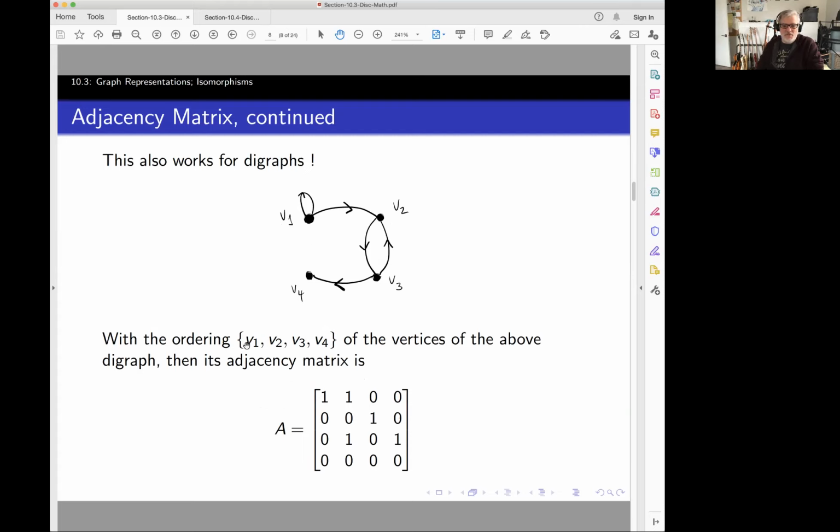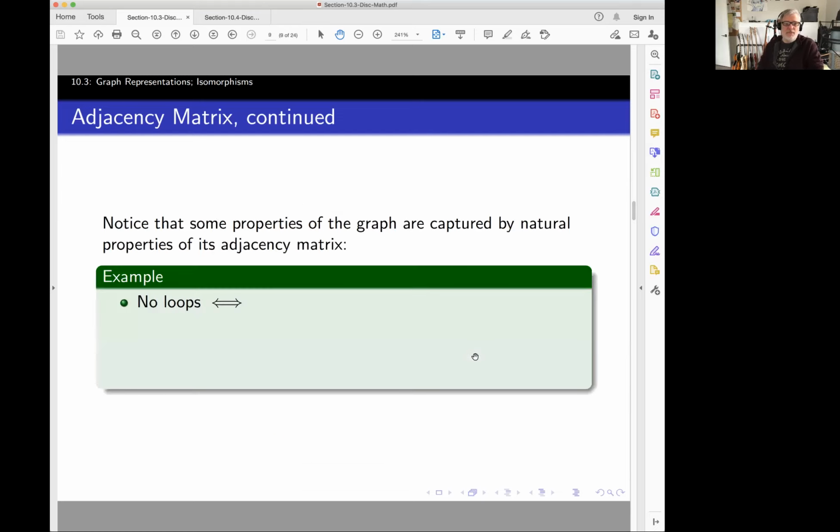So here, if I choose the ordering V1, V2, V3, V4, this is the adjacency matrix that we're going to obtain for that particular digraph, right? So V1 to V1, V1 to V2, no arc from V1 to V3, and no arc from V1 to V4, and so on. And again, if you're given the digraph, you get the matrix, and if you have the matrix, you get back the digraph, same information.